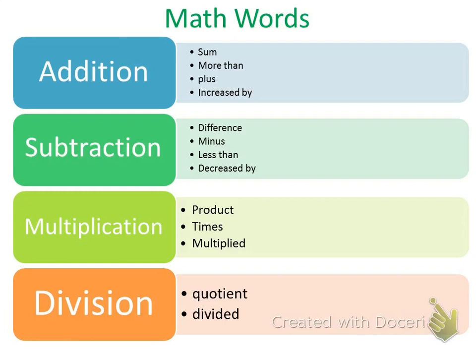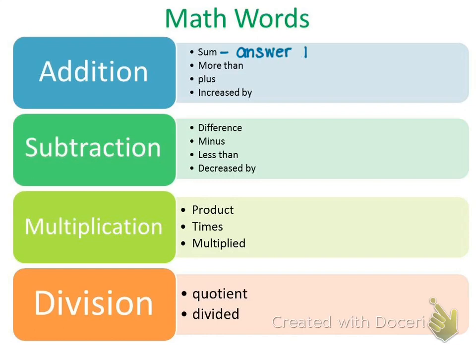There are 4 basic operations in math: addition, subtraction, multiplication, and division. Each one of these operations has their own keywords that mean specific things. So addition, first of all, I want you to write on this piece of paper. The word sum most specifically means an answer to an addition problem.